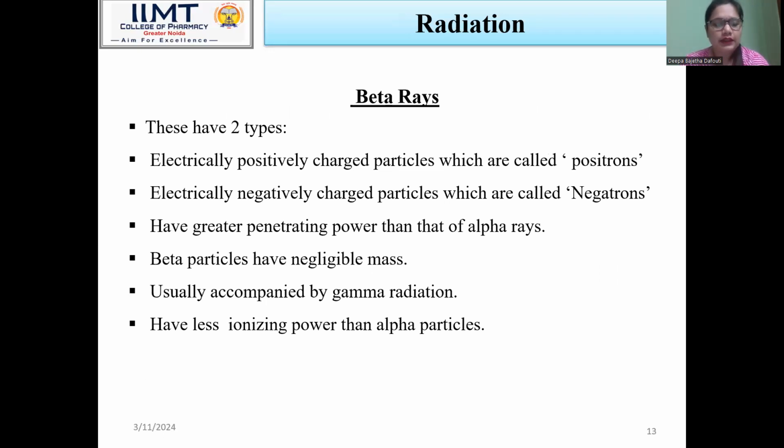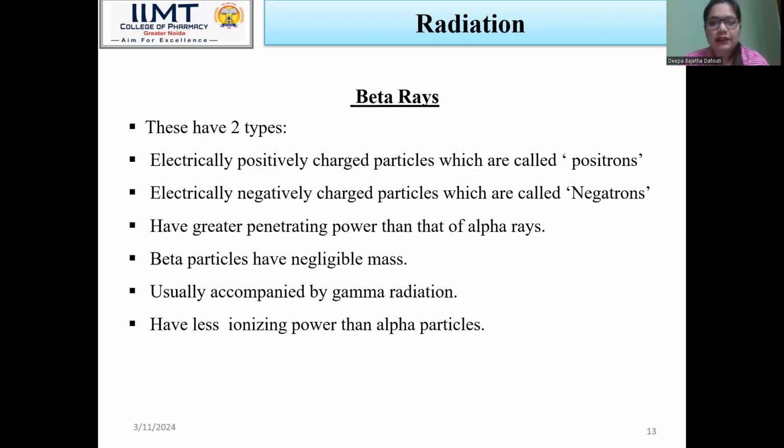Second one is beta rays. These have two types: electrically positively charged particles called positrons, and negatively charged particles called negatrons. So they have greater penetrating power than alpha rays.